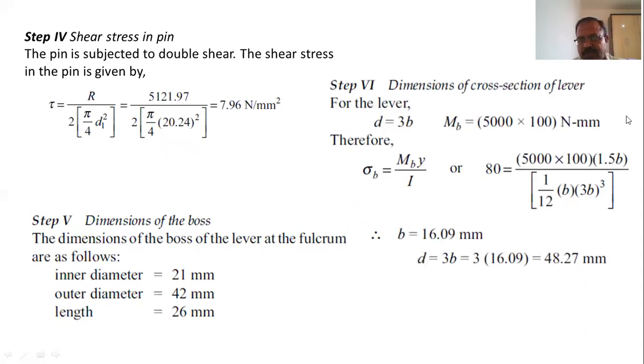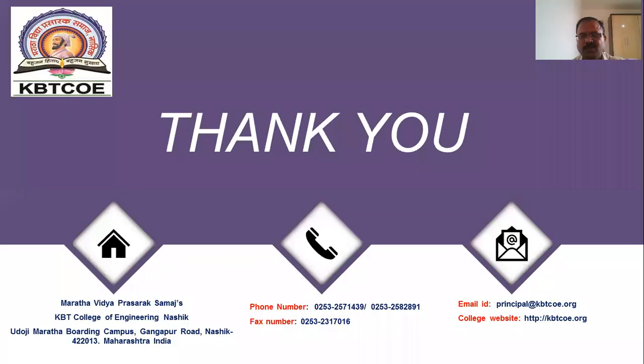And finally, the dimensions of the cross section: D is equal to 3B is given. The bending moment extends to the center, so 5000 into 100. Putting all the values, we can calculate the width as 16.09 and the depth, thrice the width, as 48.27.